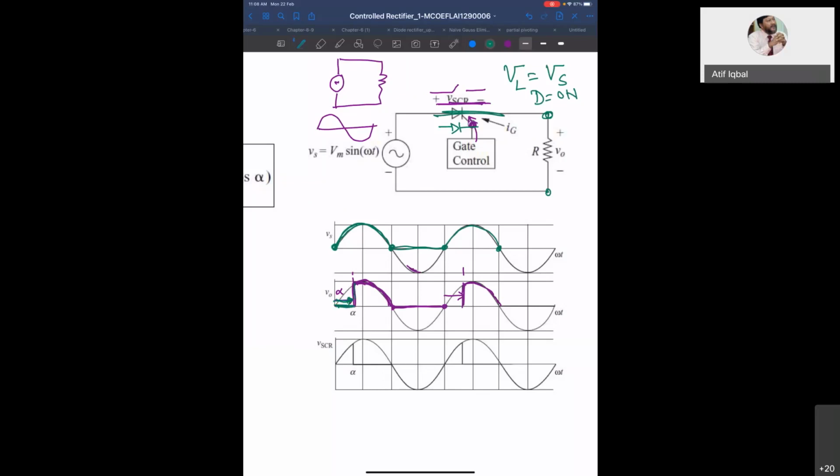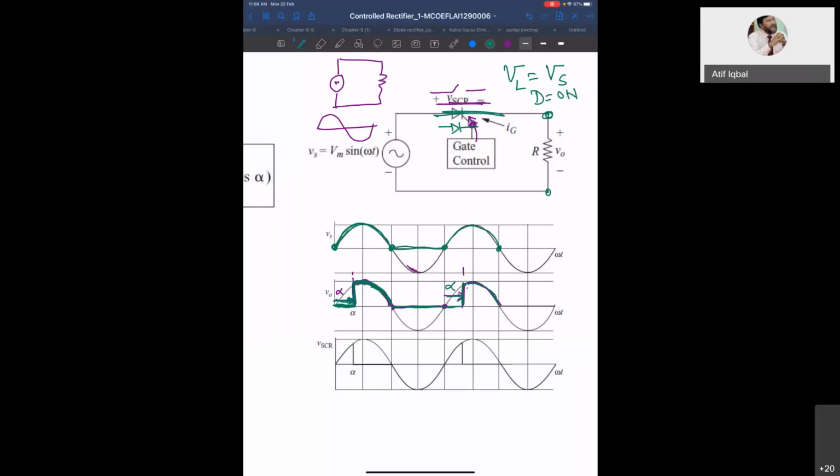As soon as we apply the gate signal, the thyristor starts conducting, and we get the source voltage across the load. So this is my load voltage, this green, like this. Then from here to here, it remains zero. And then again, it will start at angle alpha in the next cycle also.